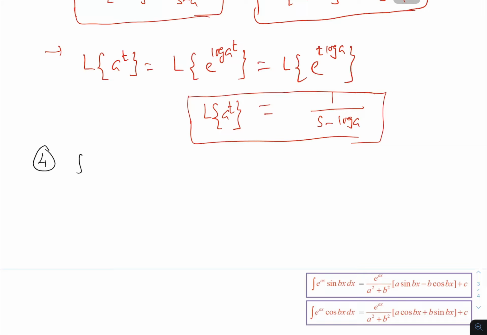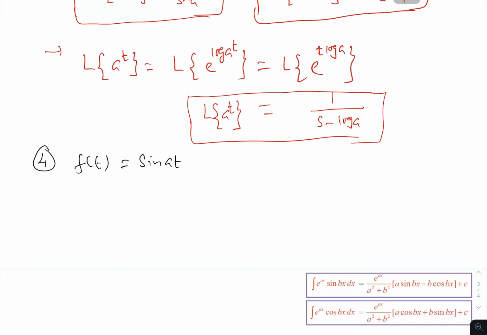So f(t) equal to sine at, and here we can solve this by two methods.